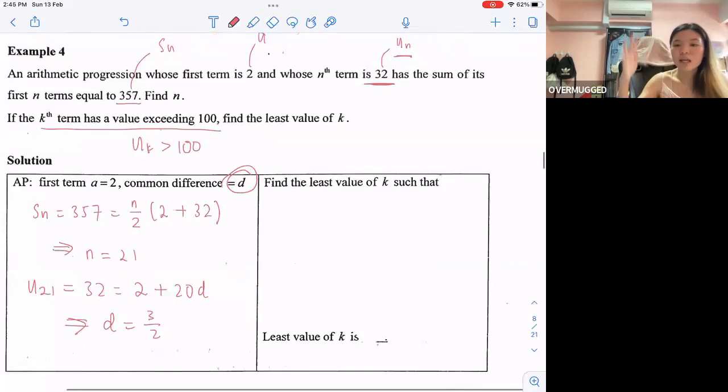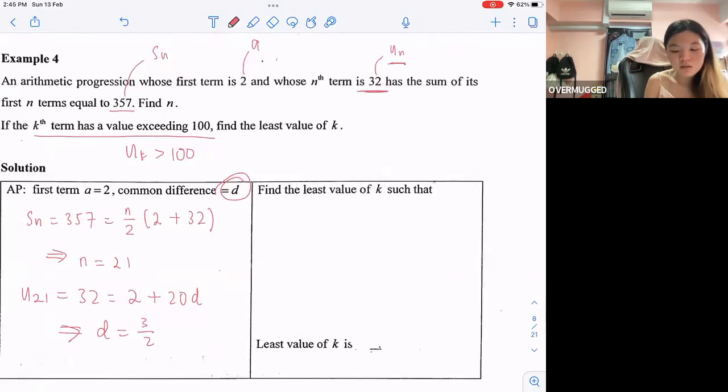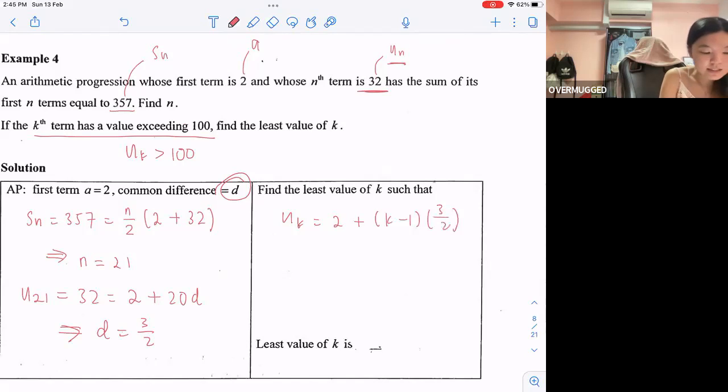So with that, I found my A, found my D, I've found almost everything really. I can easily solve the question. What will Uk be? Uk is a general term. It will be A again, plus n minus 1. In this case, my n is k. k minus 1 times my D over here, and this has to be more than 100.